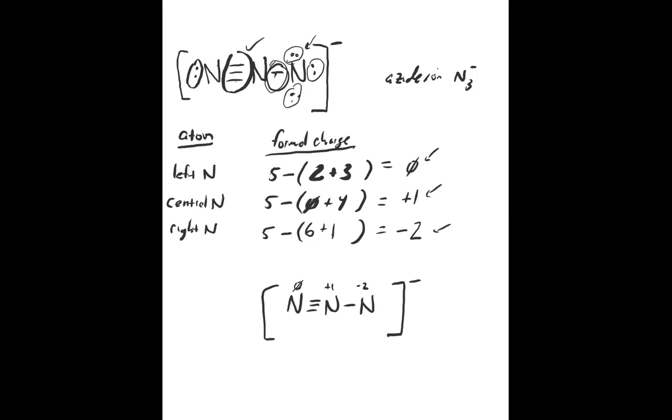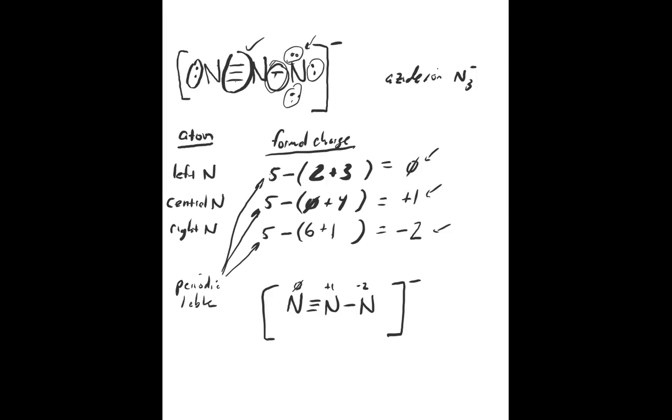So in this Lewis structure, we've made an azide ion in which the nitrogen on the left is uncharged. It doesn't have any charge. The one in the center is positively charged, and the one on the right is negatively charged. Where'd the 5 come from? Oh, from the periodic table. So that 5 is from the periodic table.